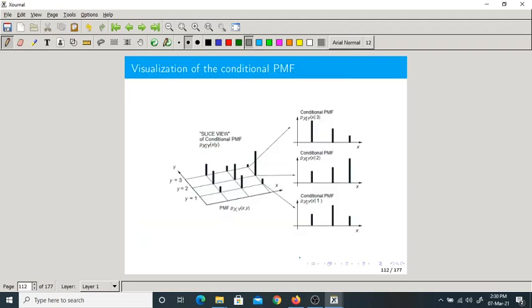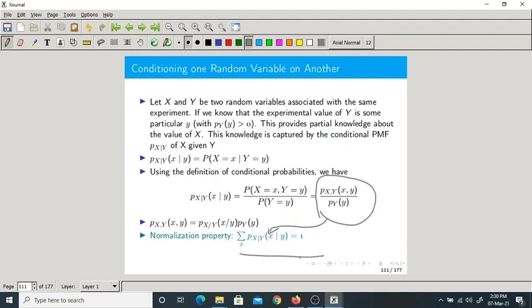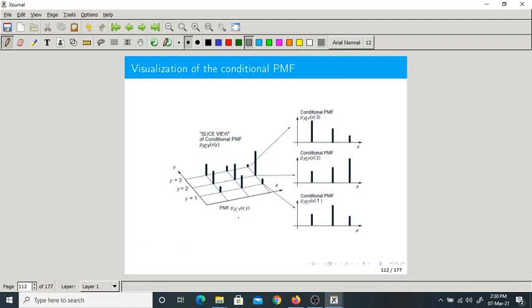So this is the visualization of conditional PMF. These are all called conditional PMFs, CPMF or conditional PMF. Now, this is the joint PMF. So these are all three conditional PMFs.